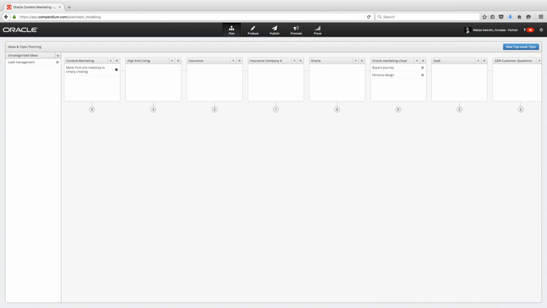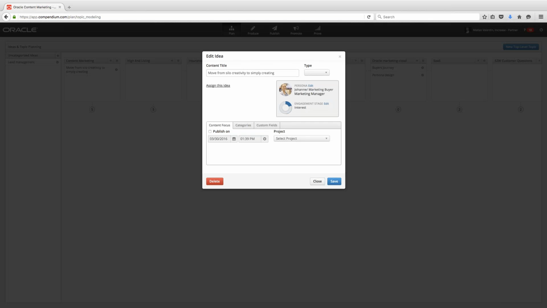So when you have your idea, you want to put a persona into it, you want to put the engagement stage into it, and you can also have the idea assigned to someone, and you can put on some deadlines.